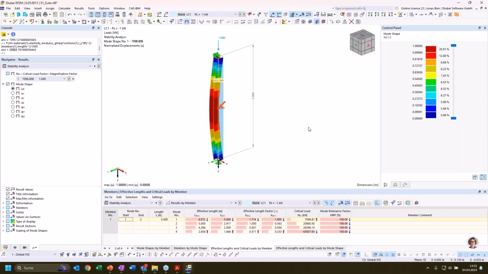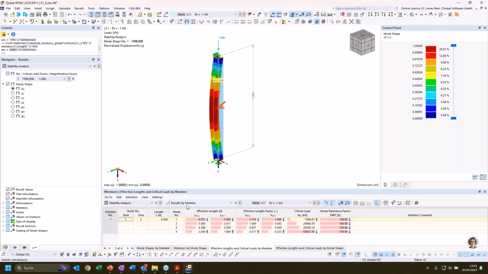It's often used for the later design of the column. If we took a classic approach to design this steel column using an equivalent member method, we would need the effective buckling length. And we can use the structural stability add-on to calculate the effective buckling length for this equivalent member method.